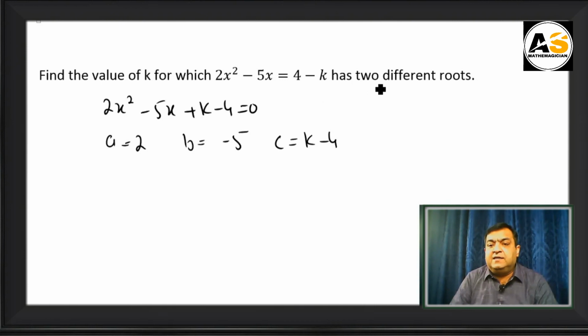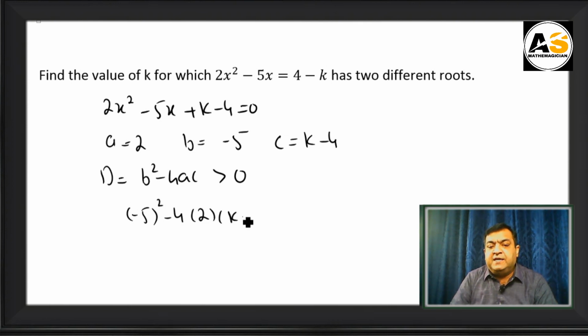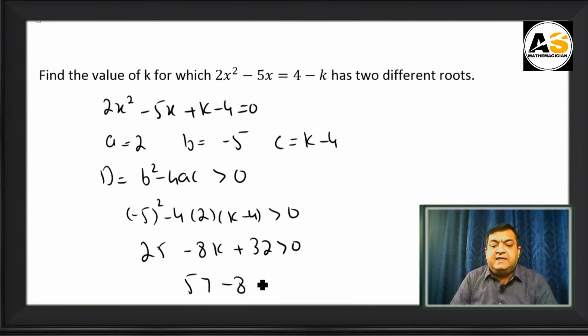and you can see that for the equation to have two different roots, the discriminant b square minus 4ac should be greater than 0. That is (minus 5) square minus 4 into a into c, where c is k minus 4, is positive. 25 minus 8k plus 32 is greater than 0. 57 minus 8k is greater than 0.